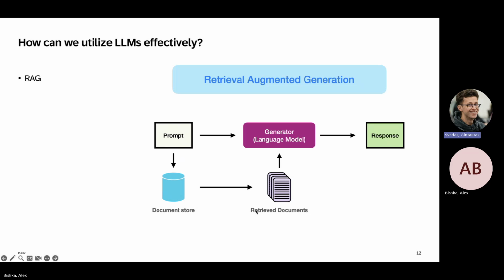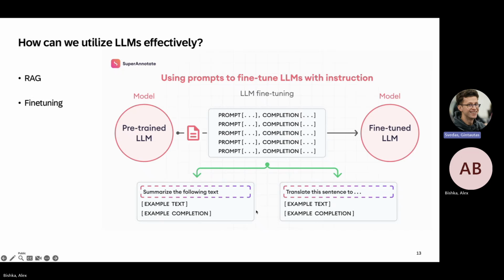But the cool thing about RAG is you don't necessarily need to have a ton of input-output pairs, which the second method does require. So fine-tuning is another very common method to get the most out of your LLM. Essentially, whatever LLM is being offered, so the pre-trained LLM from, say, ChatGPT or Anthropic or whatever company you're using, you frequently are given an API to provide input-output pairs, so example text, example completions for whatever your task is.